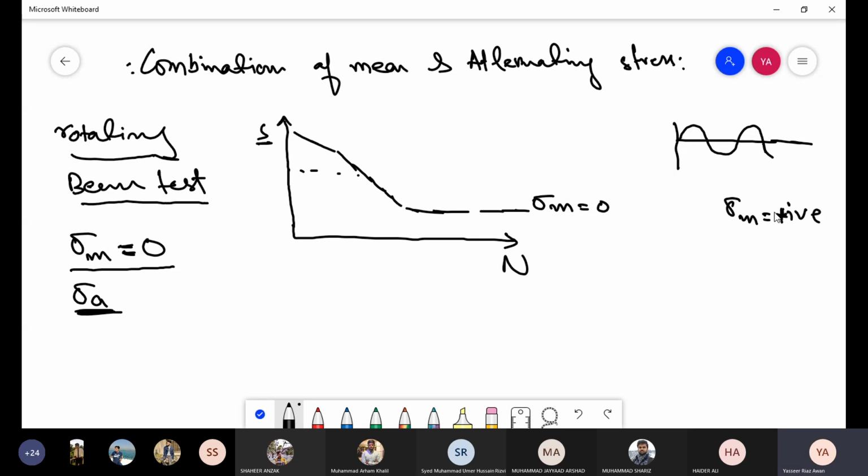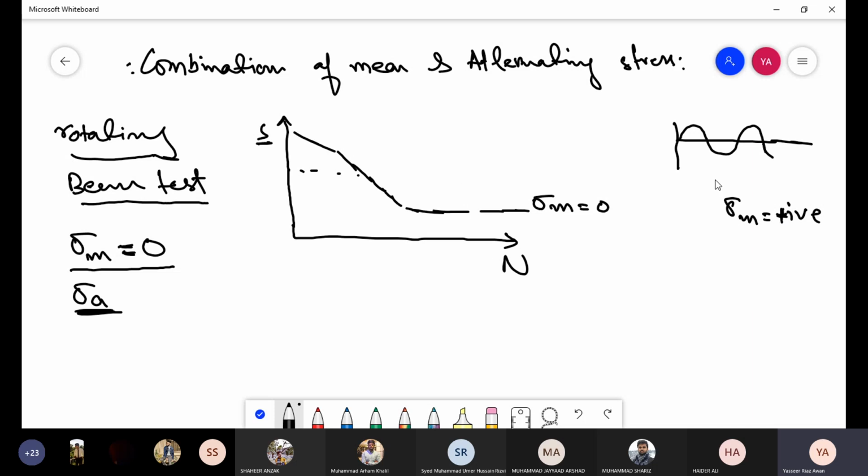And remember that fatigue is a basically tensile phenomena. Okay? It's most related to tensile stresses. Because we are talking about a crack growth, and crack growth needs tensile stresses to grow. Okay? So fatigue is a phenomena that is most concerned with tensile stresses. Okay?